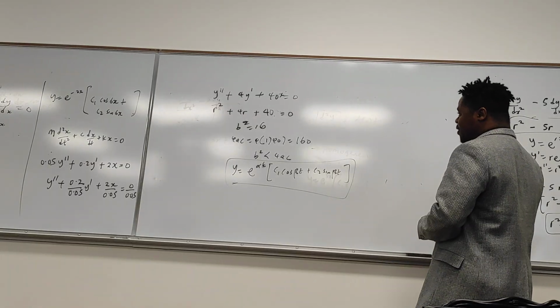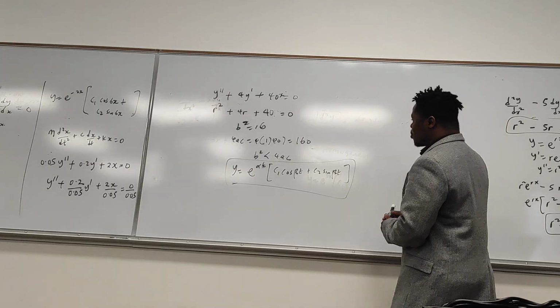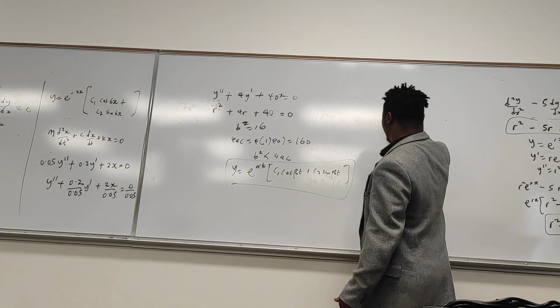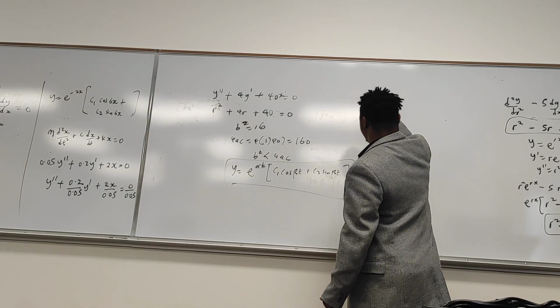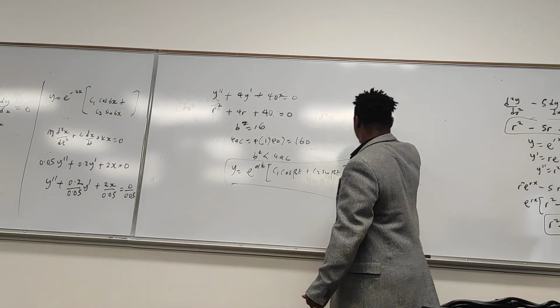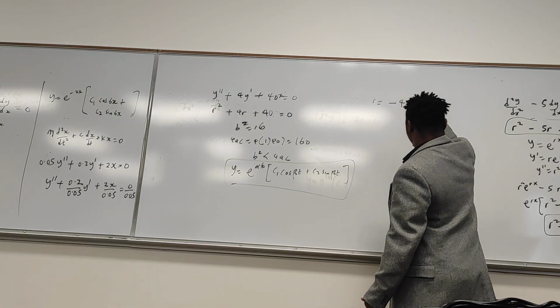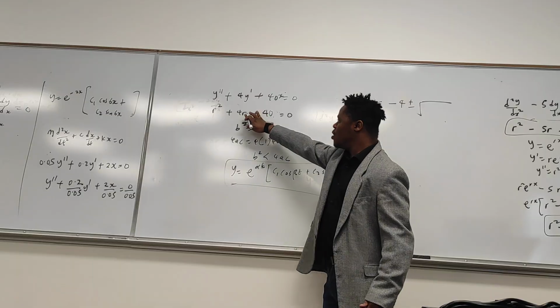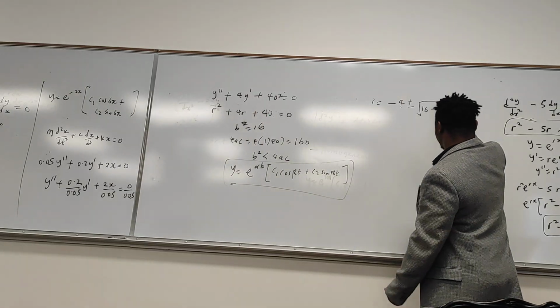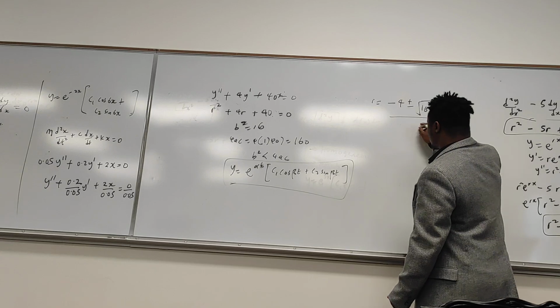So let's solve this. To solve this, we say our solution R would be minus b, which is minus 4, plus or minus square root of b squared, which is 4 squared, 16, minus 4ac, which is 160, divided by 2a, 2 times 1.